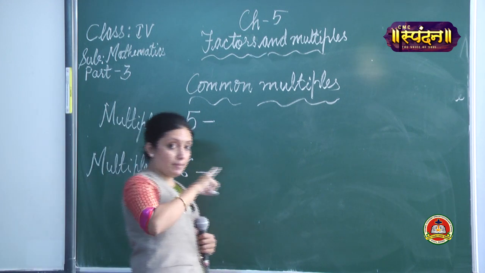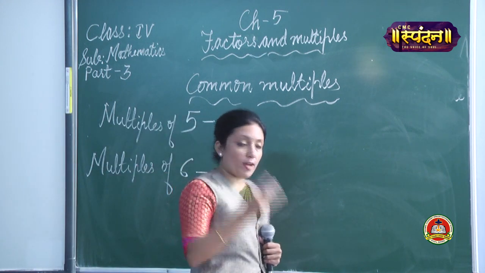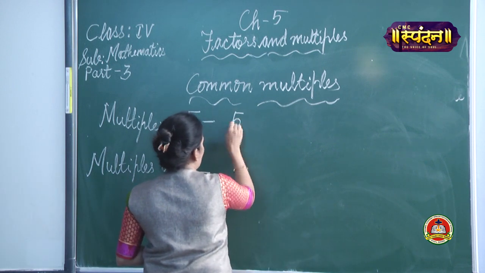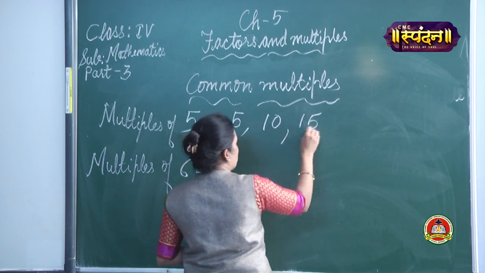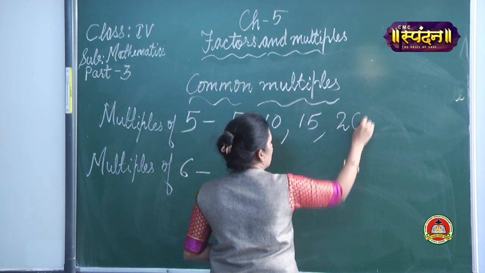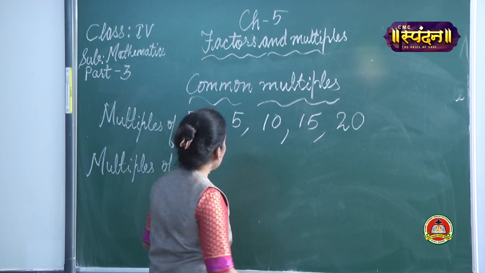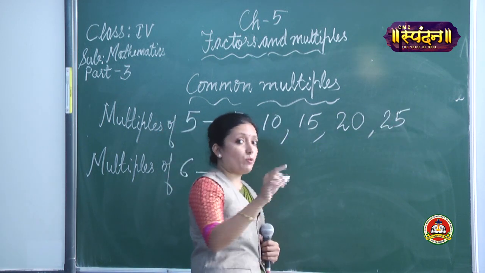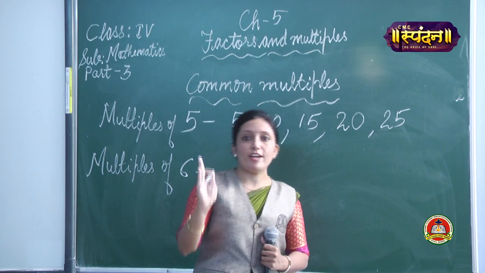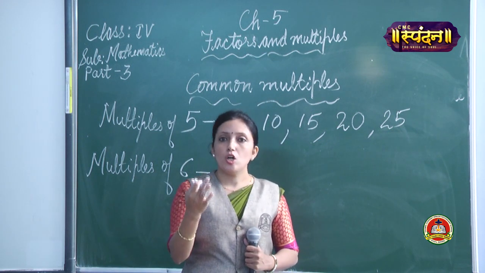Okay. See, I will be writing like this. I will be saying the table of 5. 5 1s are 5. 5 2s are 10. 5 3s are 15. 5 4s are 20. 5 5s are 25.